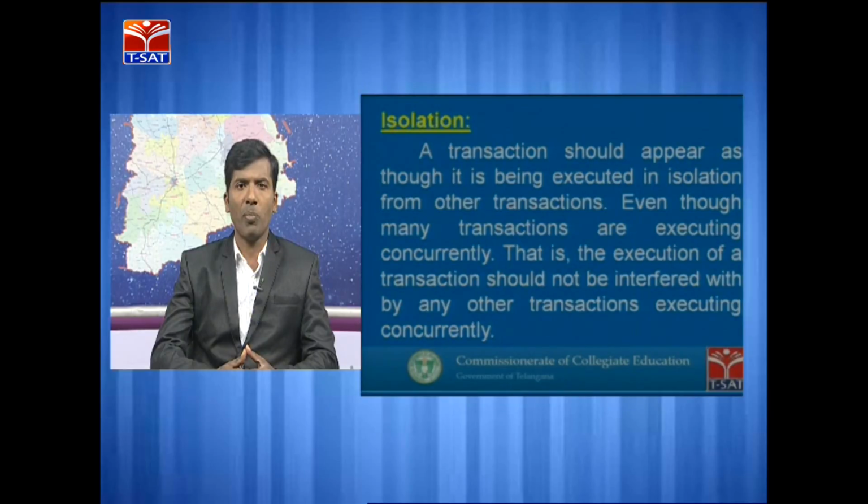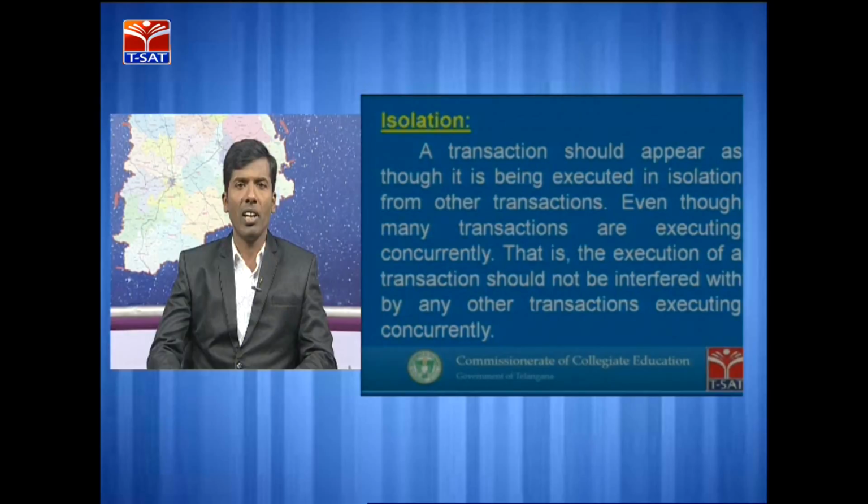A transaction should appear as if it is being executed isolated from the other transactions. When many transactions are executing concurrently, the execution of a transaction should not be interfered with by any other transaction while it is under execution. So there will be a competition between the transactions for accessing the data at the same time, but these competing transactions should not interfere with one another.